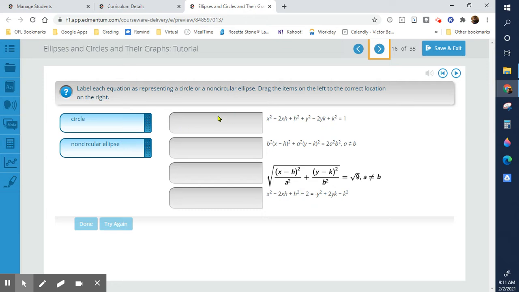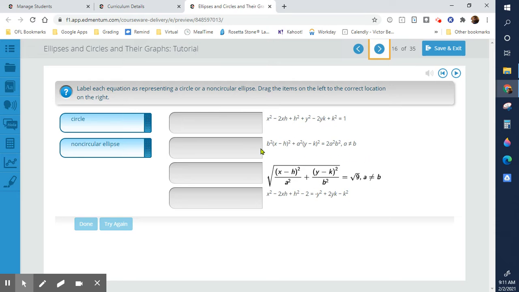All right, so let's take a look here. If I'm looking at this, I'm trying to figure out: is this a circle or a non-circular ellipse? The easiest way to tell is if our A and our B are equal, then it would be a circle. So this one, our A and our B are not equal. We're dividing by two completely different numbers.